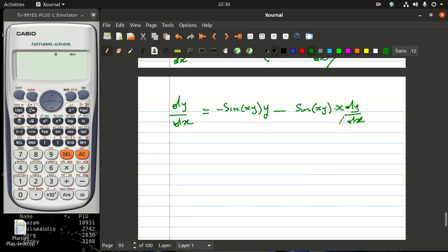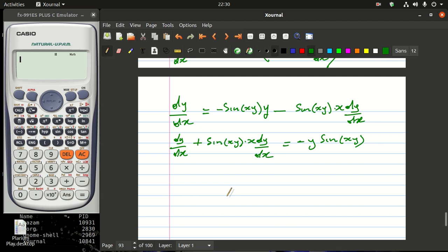I want to actually take this to the left hand side, so I am going to end up having dy dx. This one was negative, so it's going to be positive this side, so I end up having sine of xy times x dy dx is equal to, and then I leave this as it is, so I end up having minus y times sine of xy.